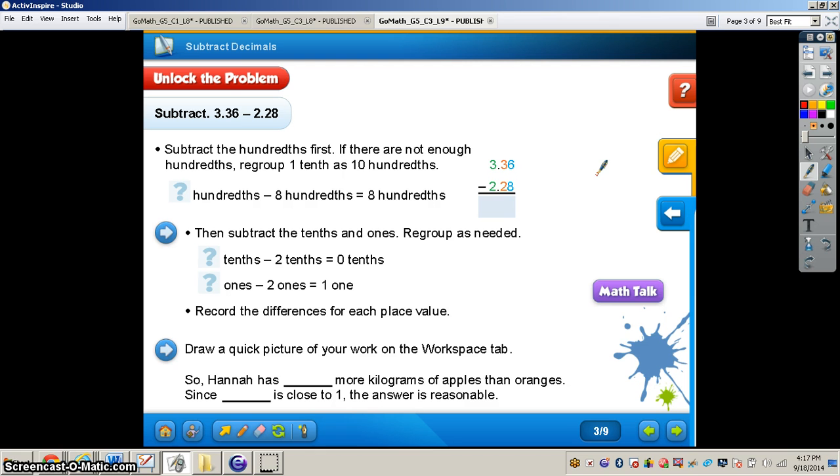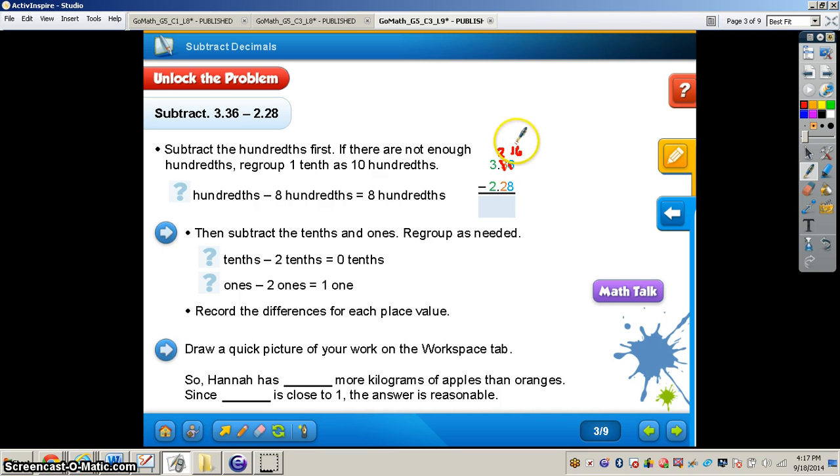Okay, so the first thing that we need to do is we cannot take 8 away from 6. So what we need to do is take 1 tenth, change that 3 and regroup it, and add 10 hundredths to my 6, making it 16 hundredths now.